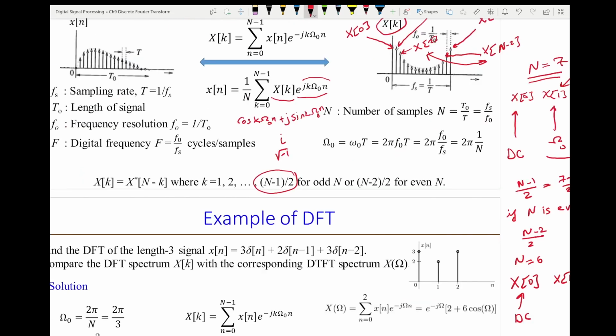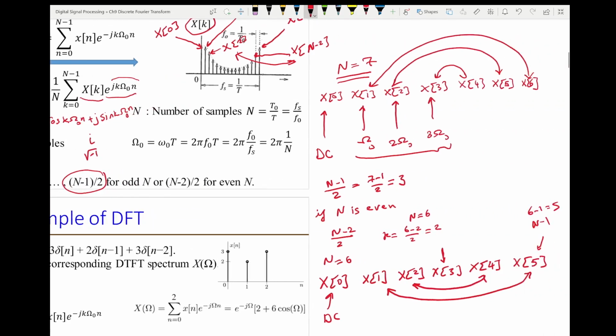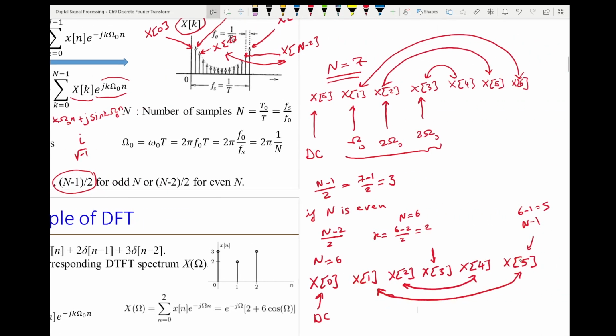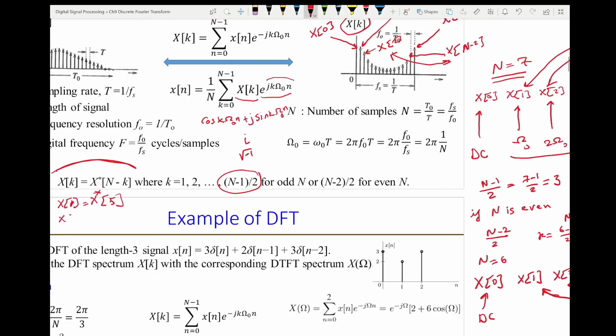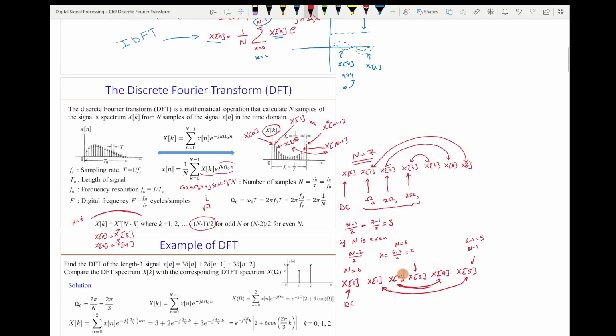So the rule is here. When n is 6, then x1 will be a conjugate of 6 minus 1, that's 5. And that's what we showed here. x1 is a conjugate of x5. x2 will be the conjugate of 6 minus 2, that's 4. And that's what we showed here. 2 and 4 are conjugates of each other.